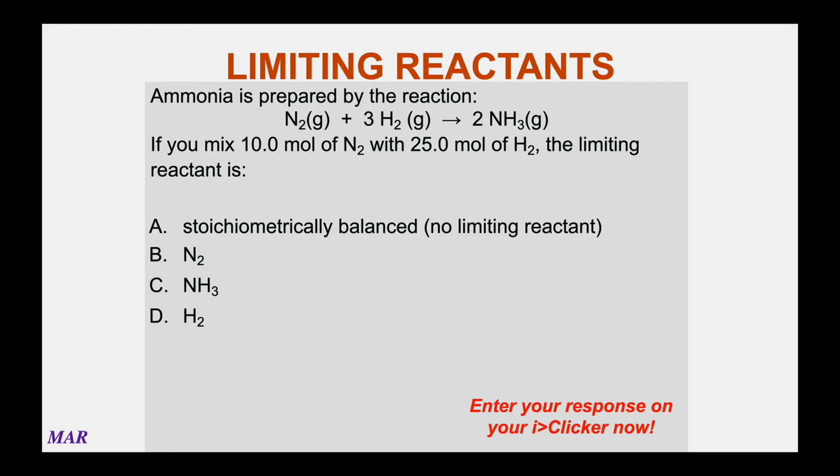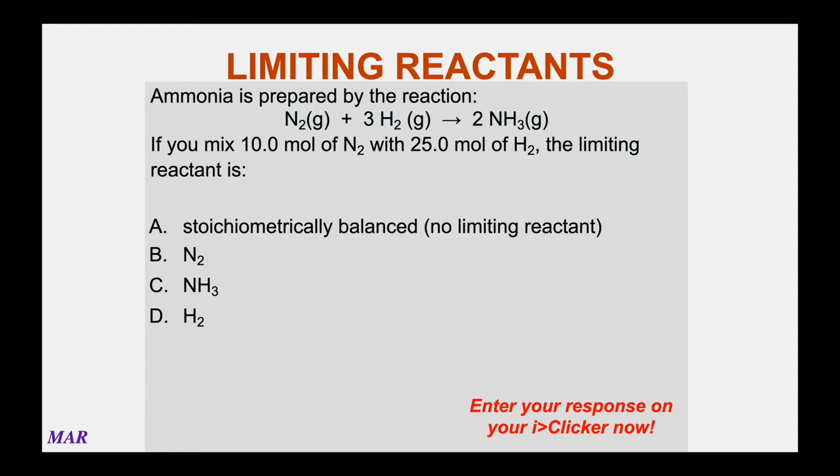That was the middle example in the last thing we looked at. But then you also have nitrogen, you have ammonia, and you have hydrogen. So automatically, if you're looking for a limiting reactant, it cannot be the product. So answer C is out. That's a product. It's not a reactant. You could have N2, you could have H2, and you could have ammonia.